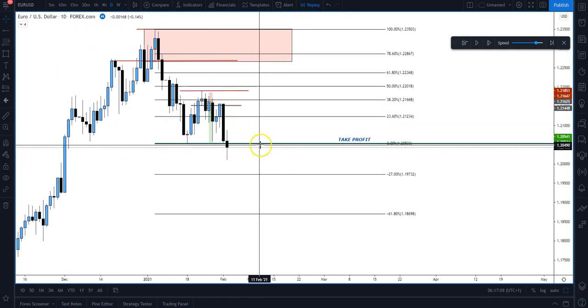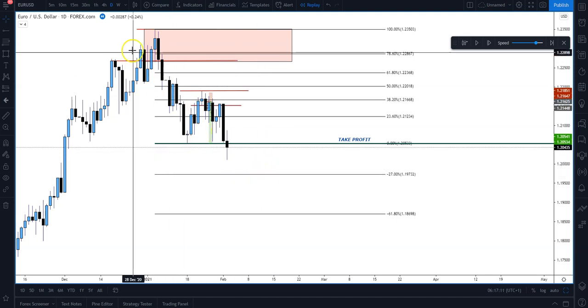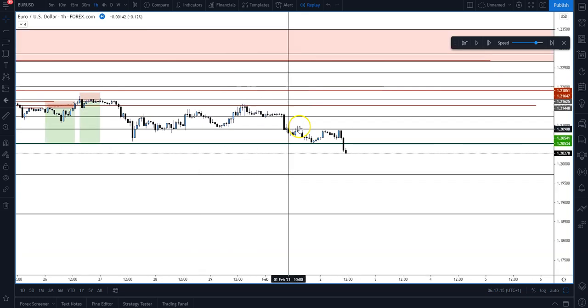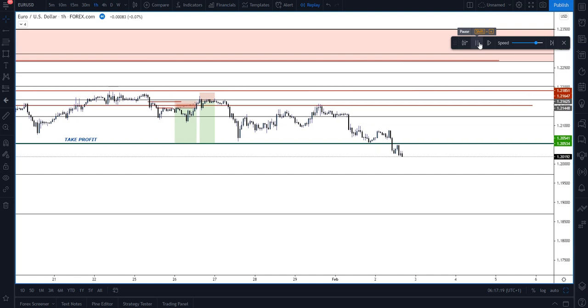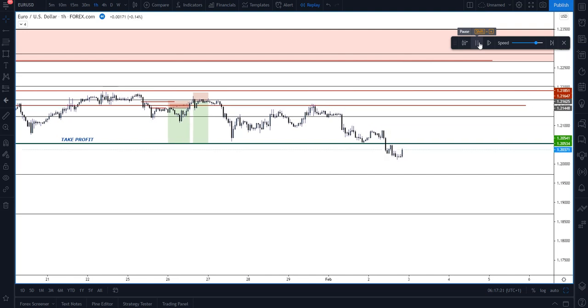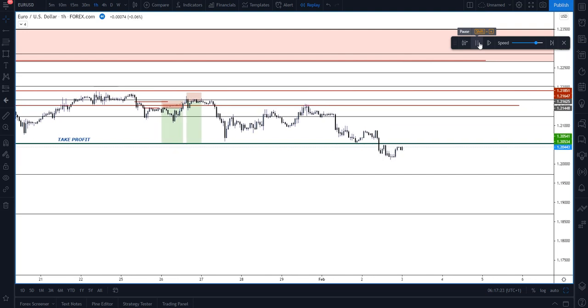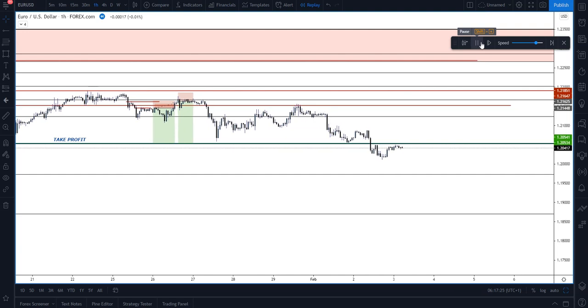But we're not really out of trade because it can hit the negative 27. Let's see if it does. Let's go to our retest and another retest and another retest.